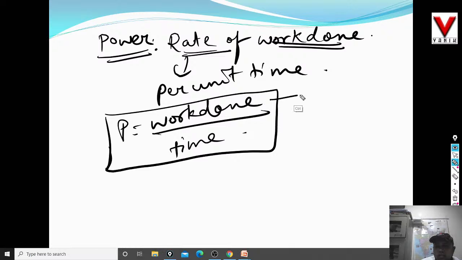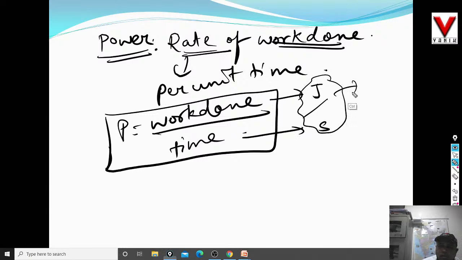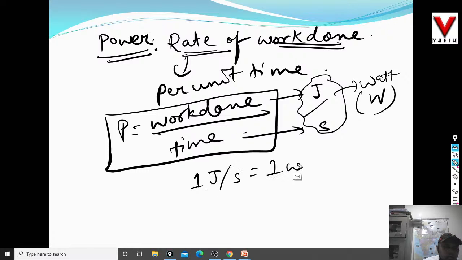Now see, what is the SI unit of work first? Joule. And in between you have division, so joule per second. This joule per second is nothing but watt, represented by capital W. So I can say that 1 joule per second is equal to 1 watt.